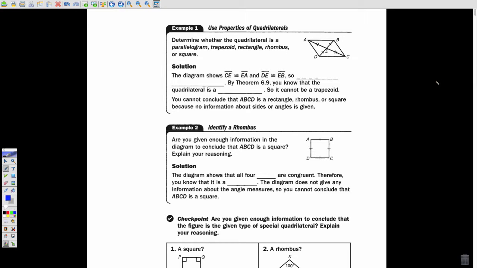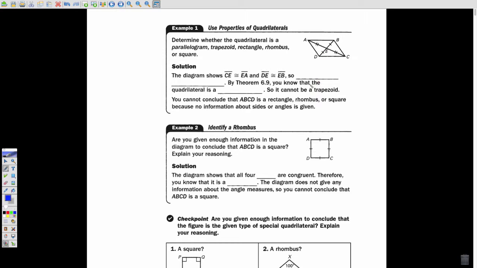So let's see how we can use this as an example. Determine whether the quadrilateral is a parallelogram, trapezoid, rectangle, rhombus, or a square. The diagram shows that CE is congruent to EA, and DE is congruent to EB.